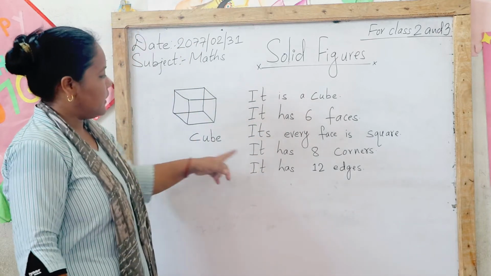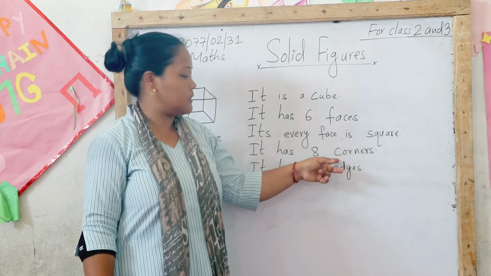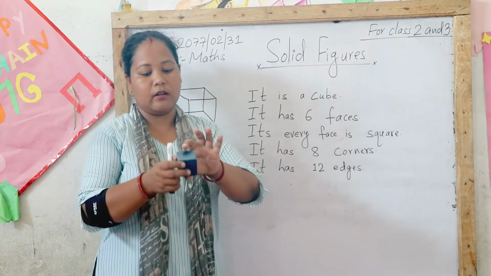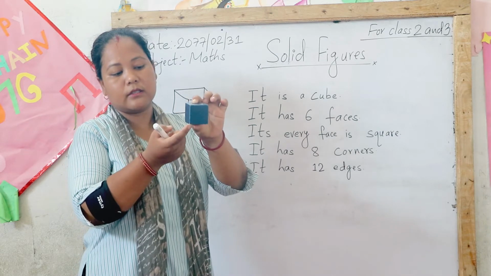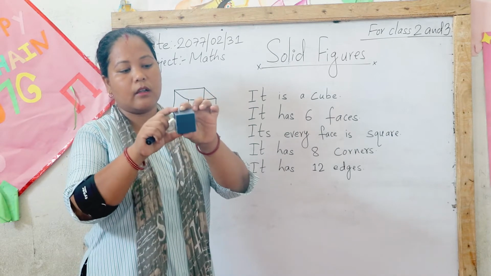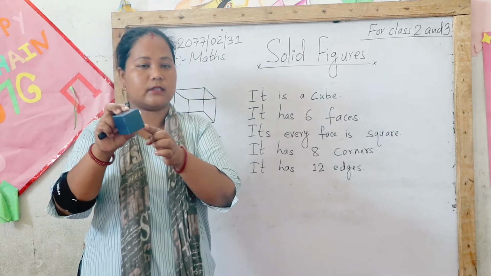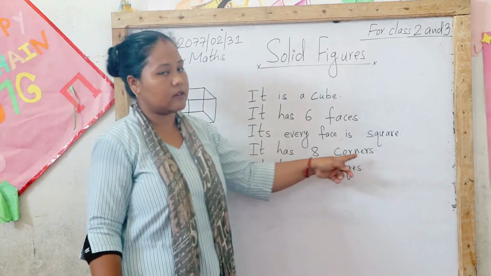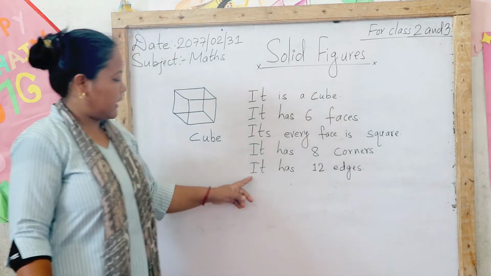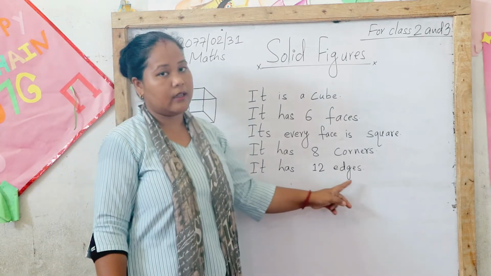Next property of cube is it has 8 corners. Look, 1 corner, 2, 3, 4, 5, 6, 7 and 8 corners. And the last property of cube is it has 12 edges.